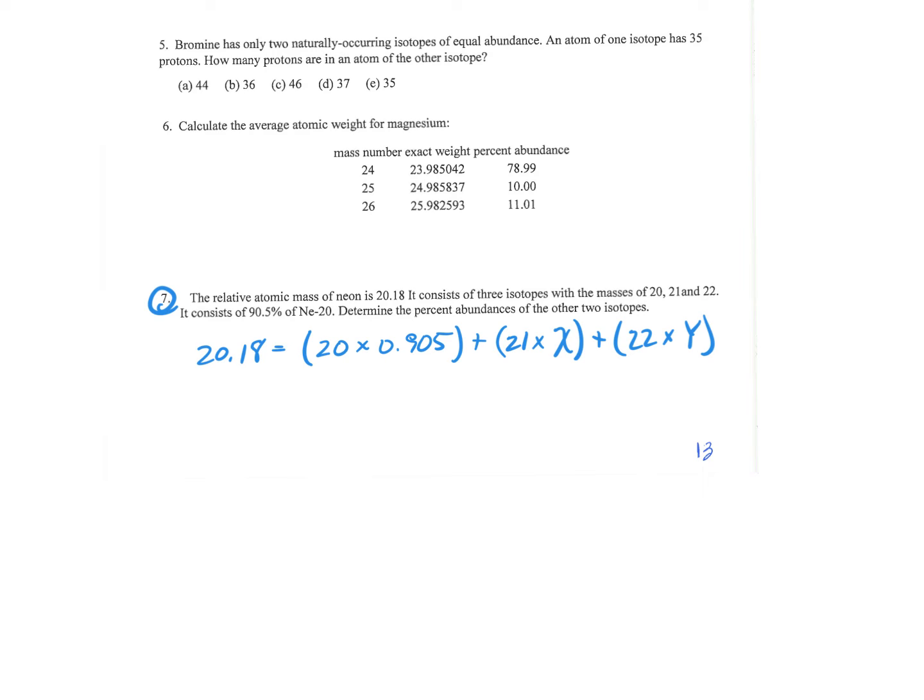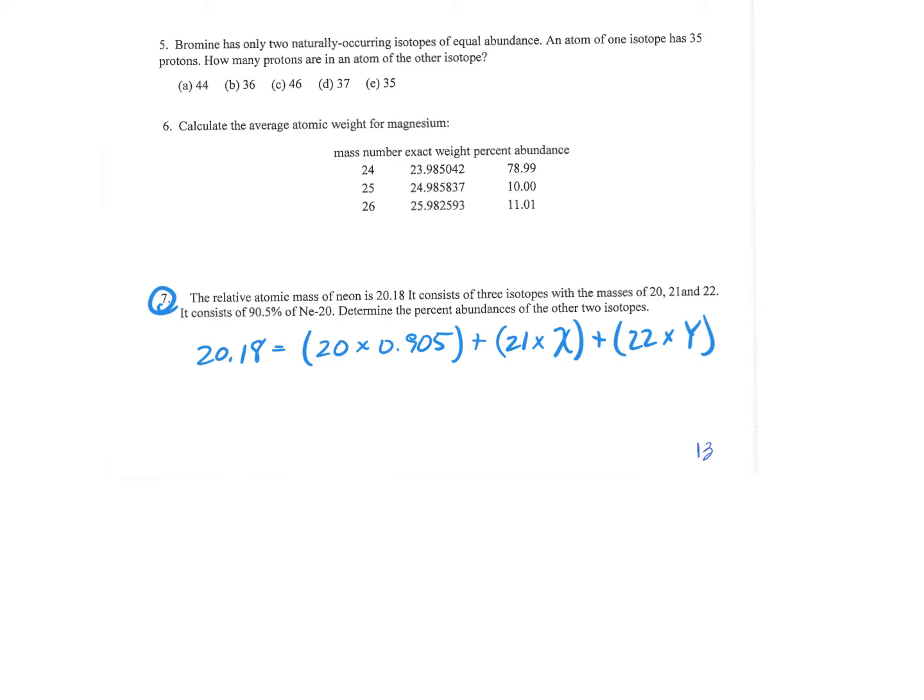Okay, I set this up. This is the average atomic mass for neon. Okay, this is going to represent isotope number 20. This is going to represent isotope 21, and this is going to represent isotope 22. Okay, here we're taking the mass.